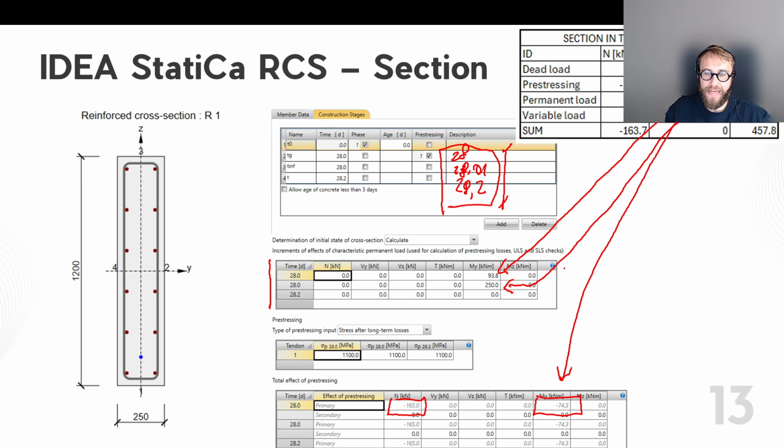At this step for action stages, you're assigning only the permanent states, and the pre-stressing is projected in this step. But if you want to add also the variable loads, you need to click through the internal forces and add it as a separate load. So this is how it has been added to RCS.